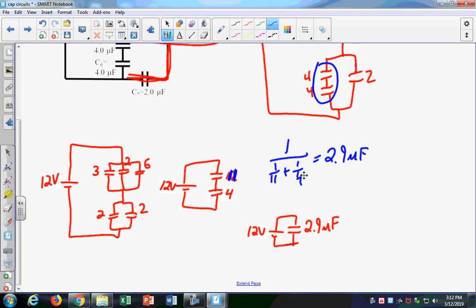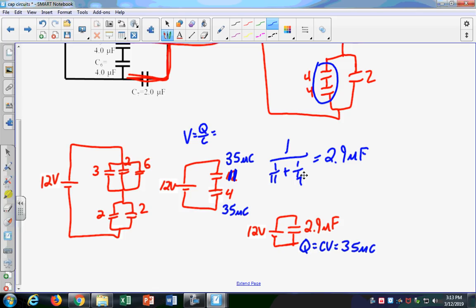And this is where I start stepping backwards. I say Q is equal to CV, 2.9 times 12, that's 35 microcoulombs. And then realize that this has 35 microcoulombs and this has 35 microcoulombs. And then I can find the voltage. V is equal to Q over C, 35 over 11.